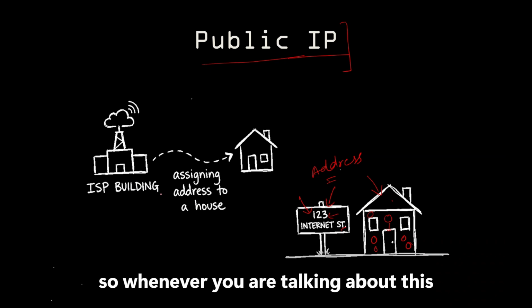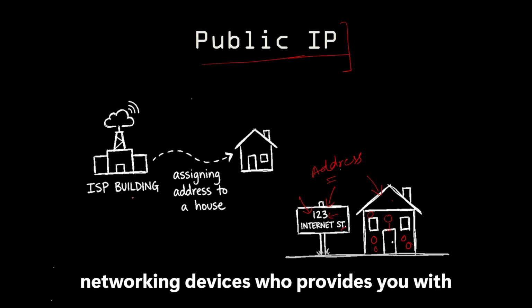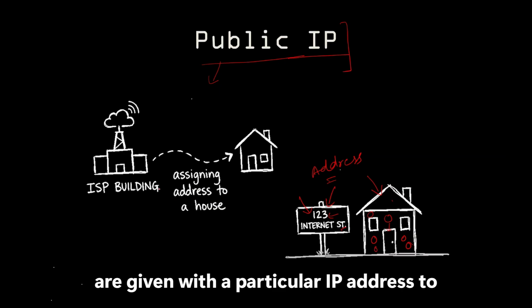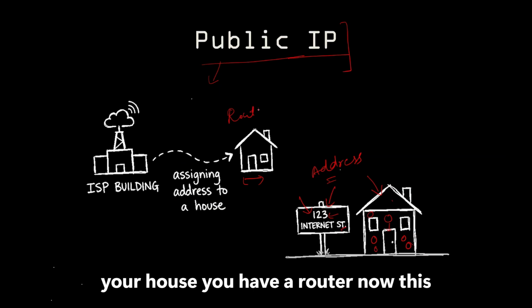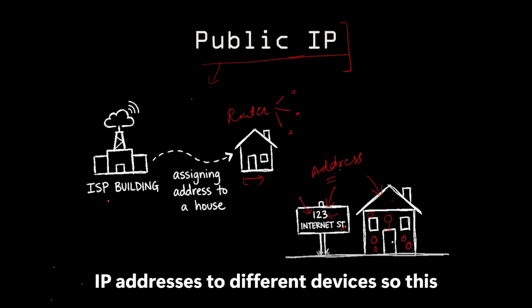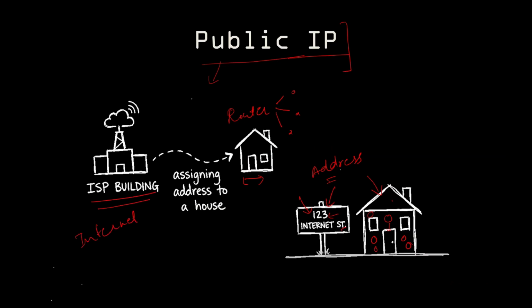Whenever you are talking about this with respect to the internet and networking devices, who provides you with this public IP address? Let's say that in your house you have a router, which provides the different IP addresses to different devices. The ISP, or Internet Service Provider, is the one that provides this.